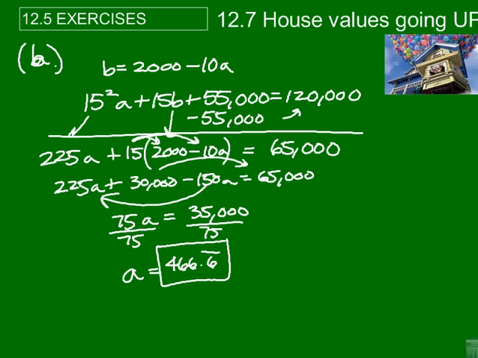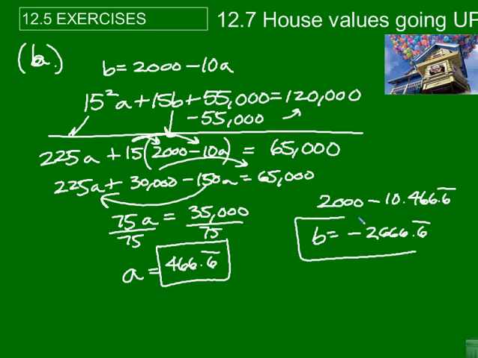Now, I'm going to take this a and insert it in for that a and go ahead and see if I can get a b value. Alright, well if I do that, then I get b is negative 266.6.